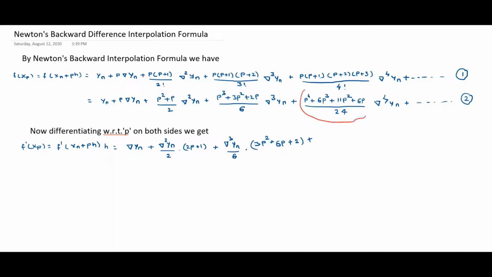Now differentiate the last term. The last term is p raised to 4 plus 6p cube plus 11p square plus 6p divided by 24 into del raised to 4 yn, where I will write first constant terms.